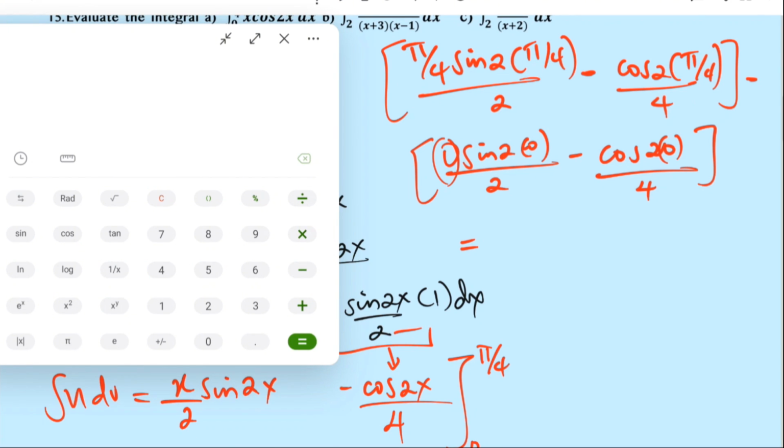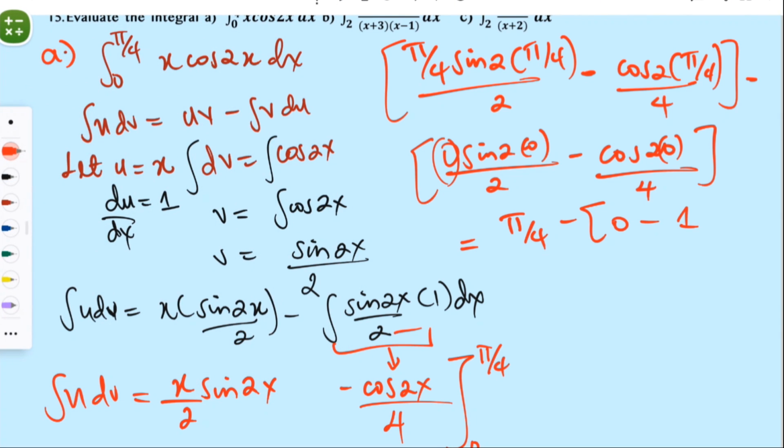We would have pi over 4 sine of 2 times pi over 4, which is pi over 2. So sine 90, which is 1. So the first term would be pi over 4, plus cos 90 as well, which is 0. So we'll rearrange this, minus the second, which would be 0 plus cos of 0, which is definitely 1. There we go.